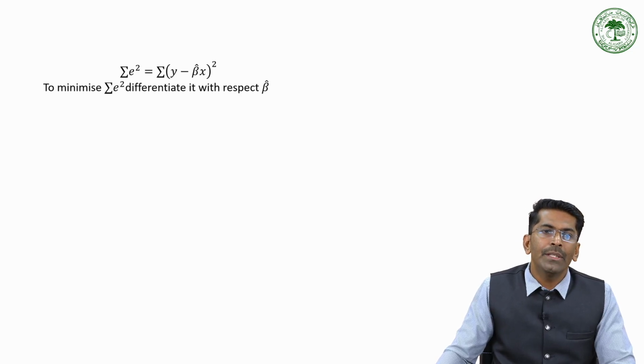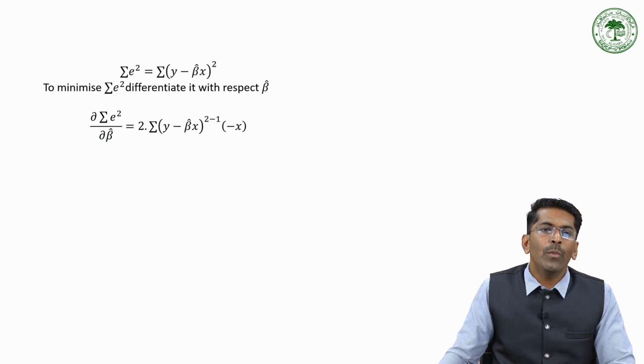So the partial derivative of the sum of e square with respect to beta hat is equal to n into, that is 2 into, the sum of the given function f of x, that is (y minus beta hat x), with power n minus 1, so it will be 2 minus 1, into the derivative of beta hat x, which is x with coefficient minus 1, so it will be minus x.